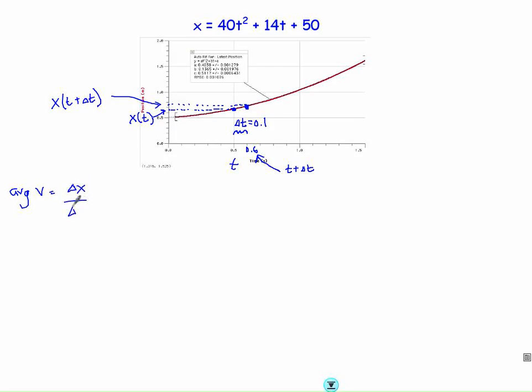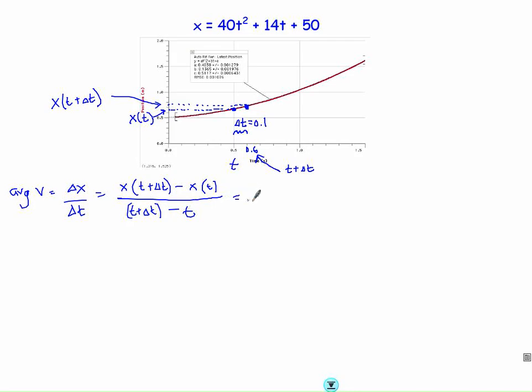Delta x over delta t, or in other words, x at t plus delta t minus x at t, divided by t plus delta t minus t. And again, we're getting all symbolic here, but if you look at the previous screen, it's really the same thing. T plus delta t was 0.6, t was 0.5. We're just doing it with symbols now.